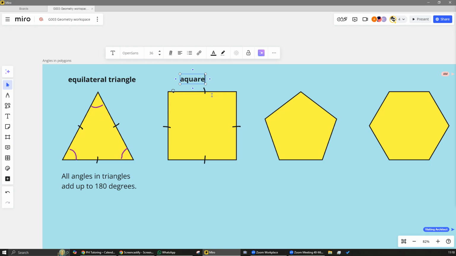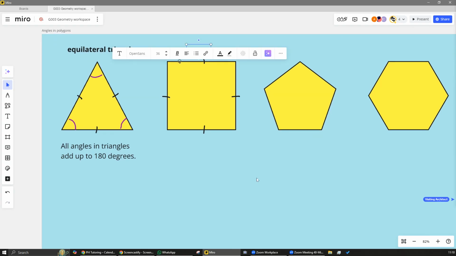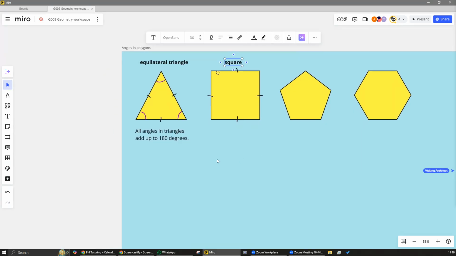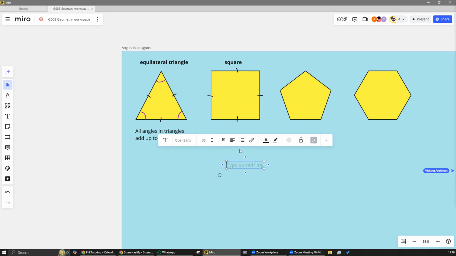Okay, so we give these regular shapes special names. So let's give it a definition of regular. Regular shapes have equal length sides and equal angles.